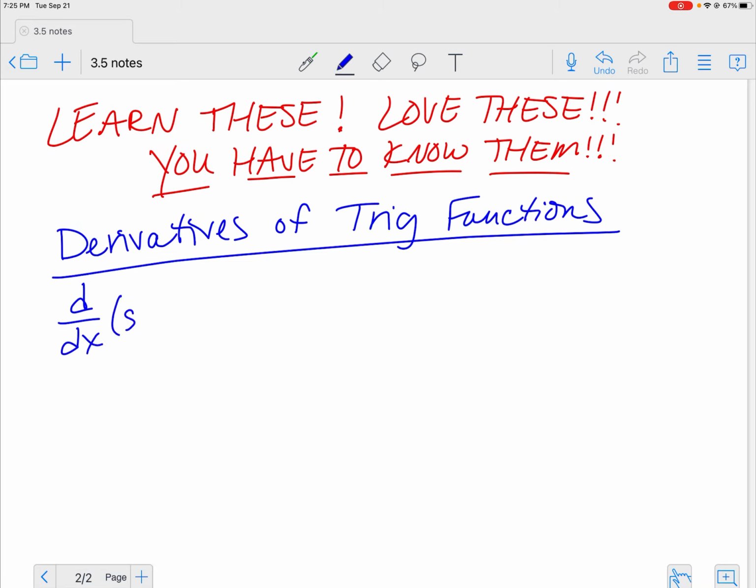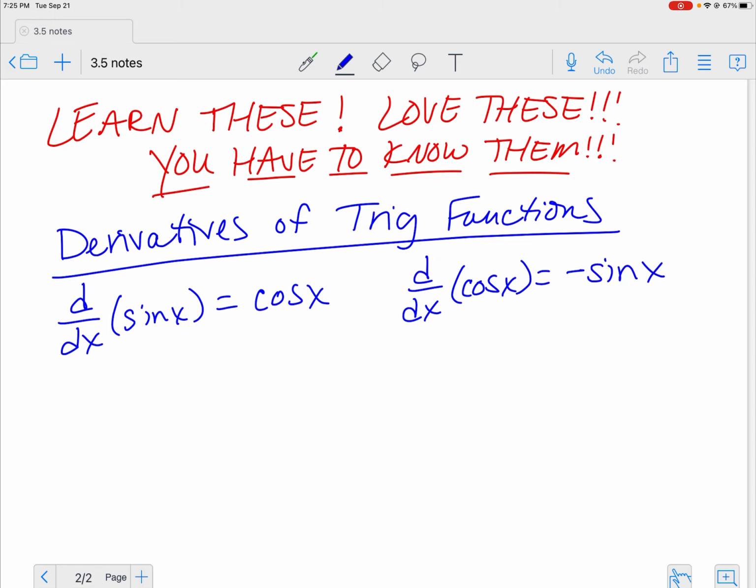So the derivative of sine of x is cosine. That's it. Derivative of sine is cosine. Therefore, the derivative of cosine is negative sine. All right? Okay.